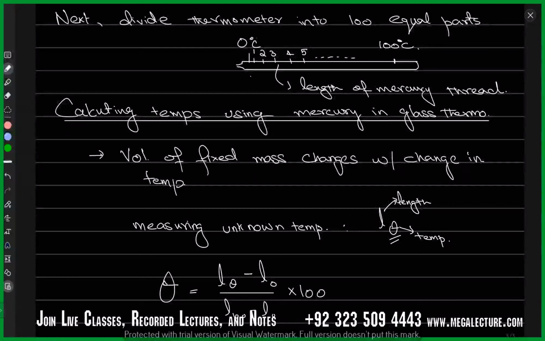So that's something that we figured out, and we were trying to understand how we can calculate our temperatures using this property of mercury, right? It's an expansion and contraction property. It changes in its volume, or we can say changes in the length of this mercury thread.